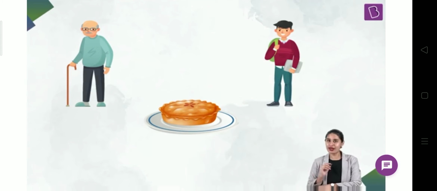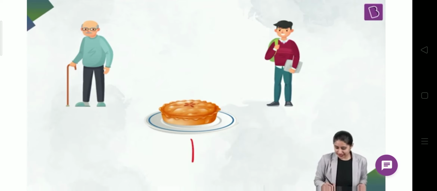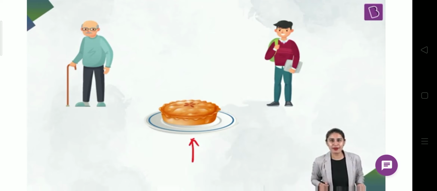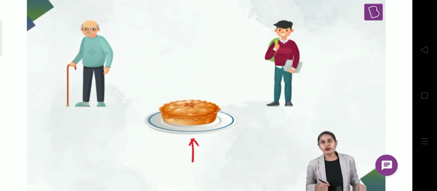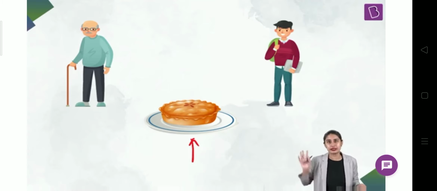Now mother gives cake to both, to the old man and to the BYJU'S chap out here. The old man, of course, is in his old age, is already full, is satiated, is not hungry, but mother wants him to eat. Mother is like, no, you have to eat.